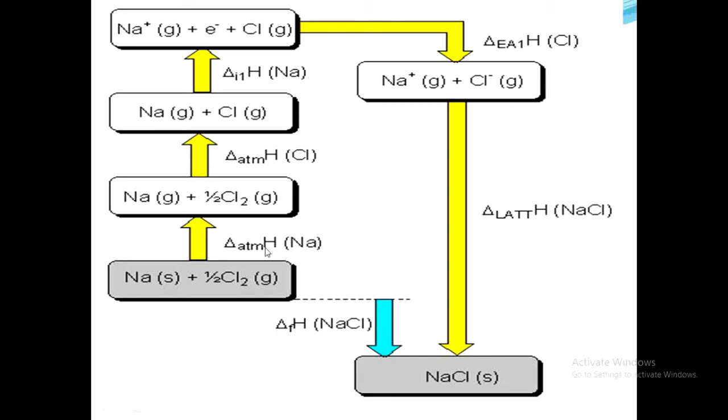So our indirect route, shown in yellow, is composed of the atomization enthalpy of sodium, the atomization enthalpy of chlorine, the first ionization enthalpy of sodium, then the first electron affinity of chlorine, and then the lattice energy, while our direct path is composed of only the enthalpy of formation of sodium chloride, which is already given within the question.